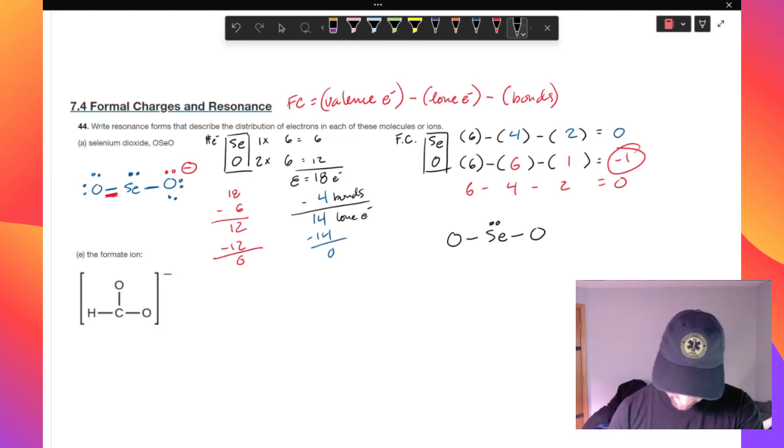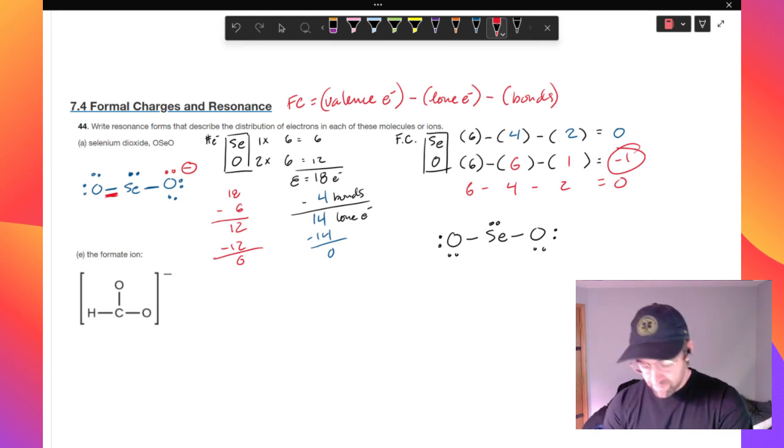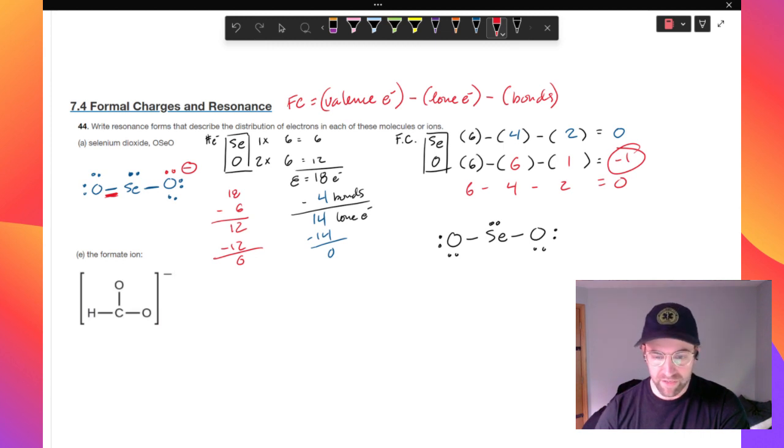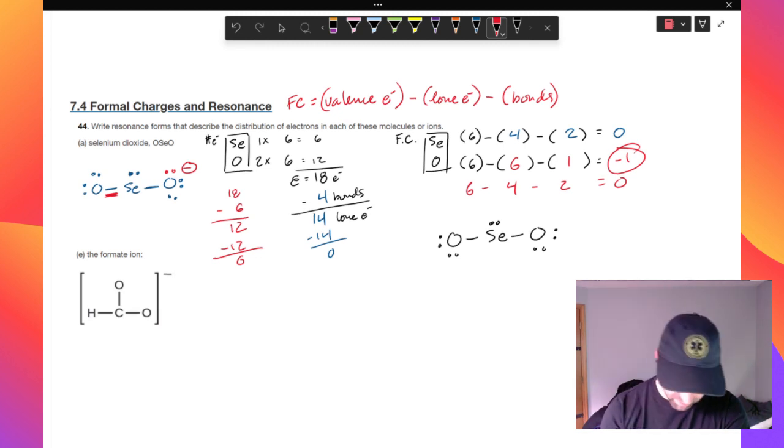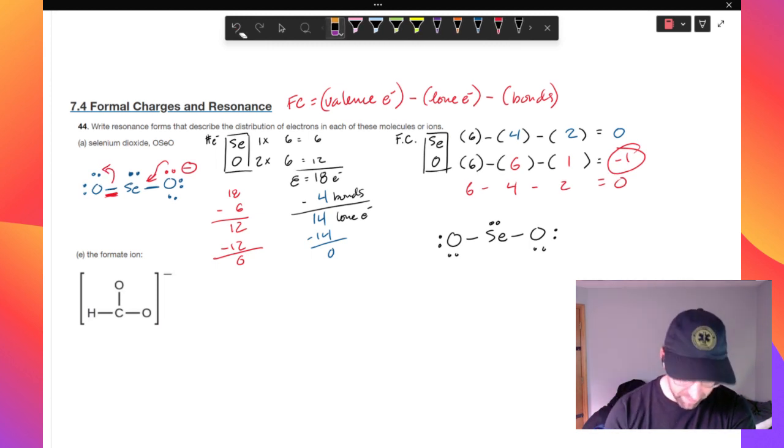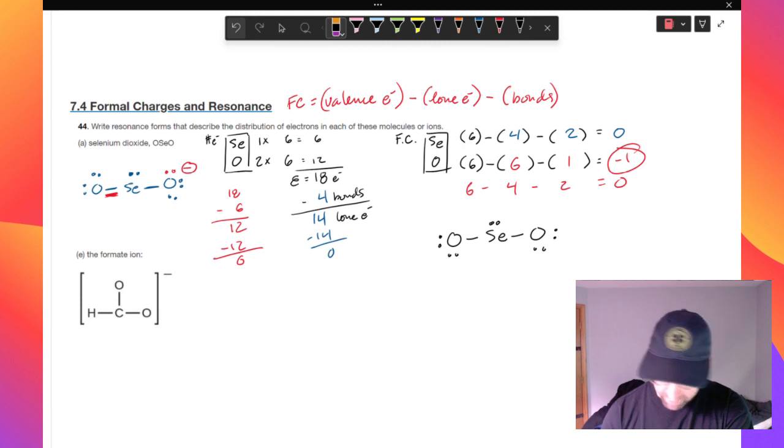We have our lone pair on selenium. We have our lone pair here and here, and I'm going to do this in red. The resonance structure, basically these electrons in red, back on the original one that I drew, can start participating in bonding, and these electrons will jump up and hang out on the other oxygen.